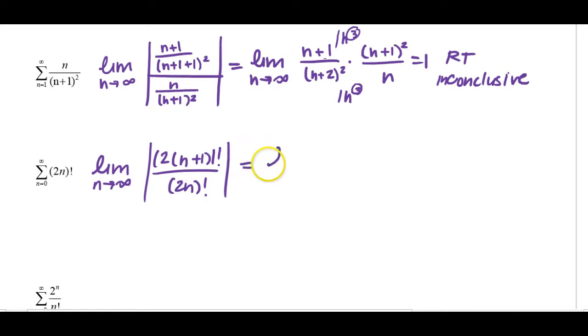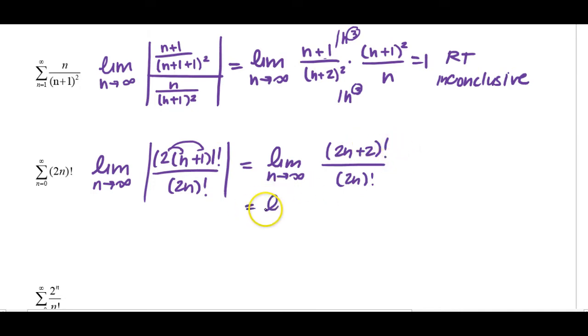So now I have the limit as n approaches infinity. On the top, I have 2n plus 2 factorial, so the 2 would distribute to both, over 2n factorial. And I'm dropping the absolute value bars because these quantities will be positive.